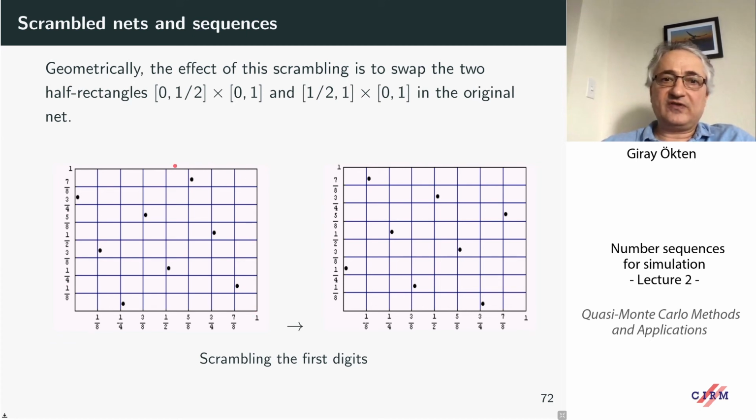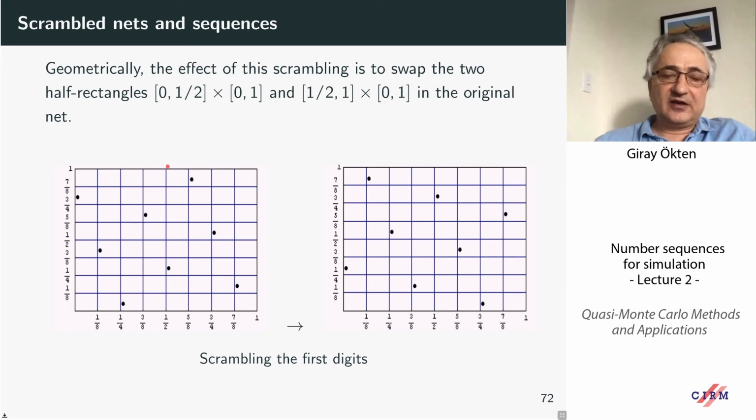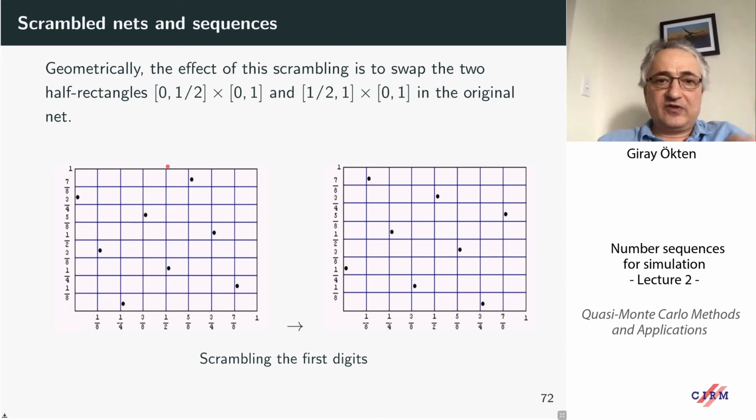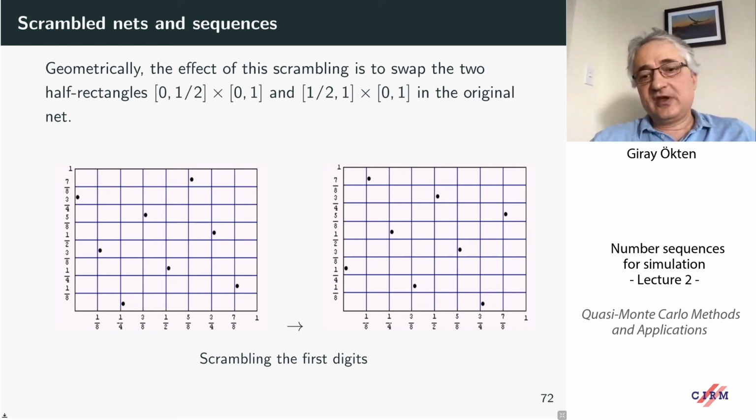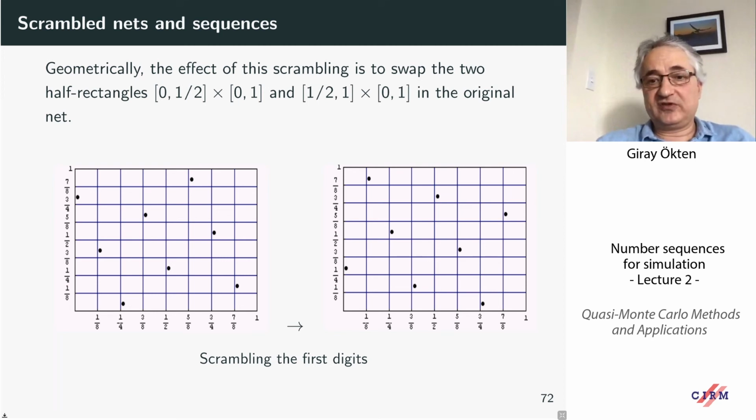I hope you can see that red marker, and you can see what I mean by the first half and the second half. And then if you swap those two, if you just change their locations, this is the picture that you're going to get. Now these 3 aligned black dots appear over here because they're switched. So that's what scrambling the first digits does.